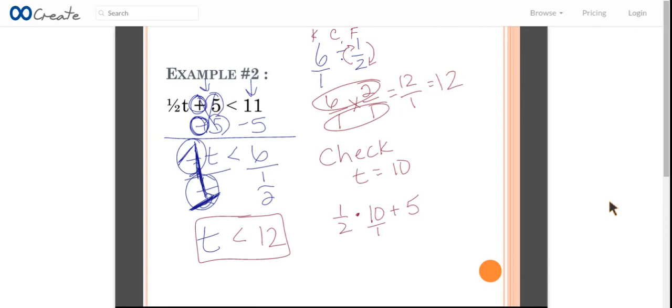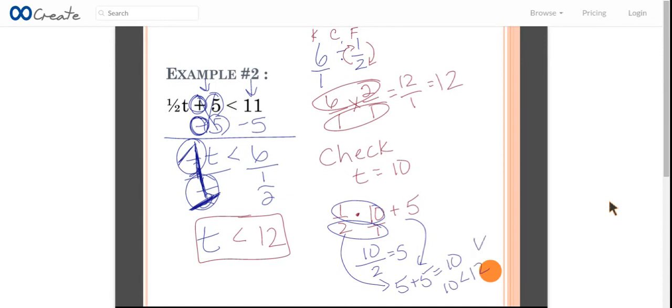I have my fractions, so I can do 1 times 10 is 10, 2 times 1 is 2, so 10 halves is the same as 5. So this part right here is 5, and then I bring down this plus 5. 5 plus 5 is 10, and 10 is less than 12, so that works as well.